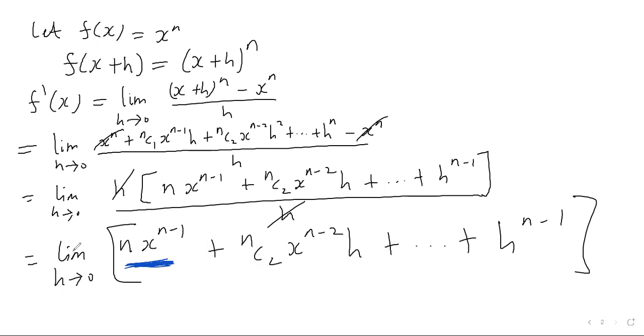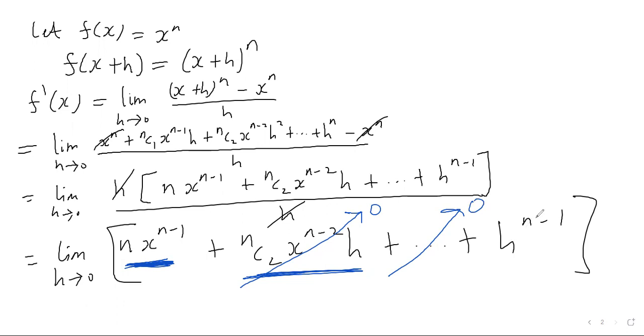The limit as h goes to 0 of this term here: as h goes to 0, this term is just going to literally go to 0 itself. So that becomes 0. And all these other terms in the middle, because they have h squared, h cubed, h to the 4, and so on, multiplied by each respective term, as h goes to 0, all these terms will be 0.